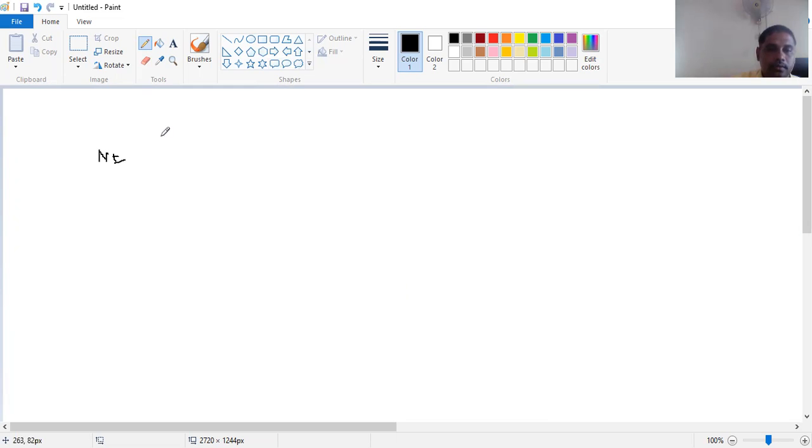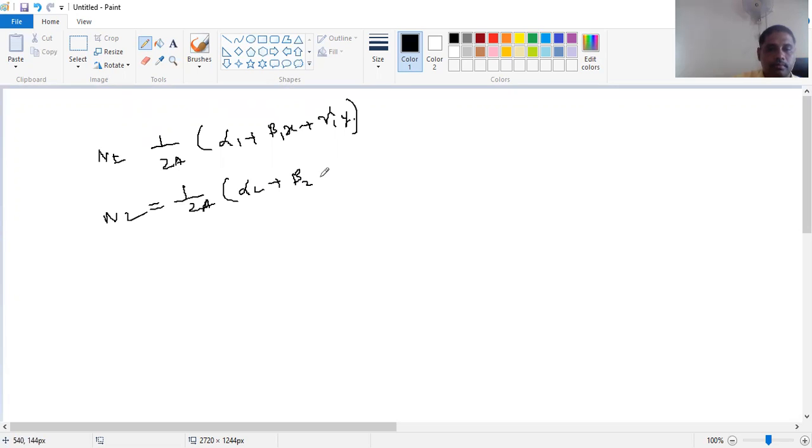N1 is equal to 1 by 2A into alpha 1 plus beta 1 x plus gamma 1 y. Similarly, the N2 value is equal to 1 by 2A into alpha 2 plus beta 2 x plus gamma 2 y. Similarly, N3 must be equal to 1 by 2A into alpha 3 plus beta 3 x plus gamma 3 y.